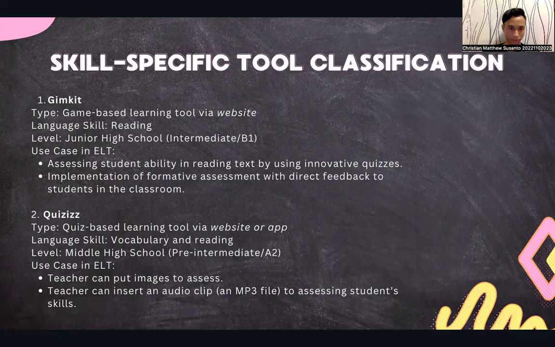Second is quizzes. The type is a quiz-based learning tool via website or app. The language skills are vocabulary and reading, and the level is middle high school, or we call it pre-intermediate or A2.